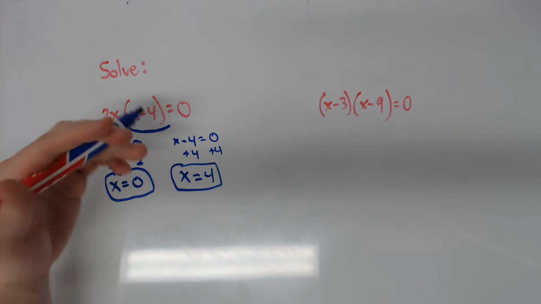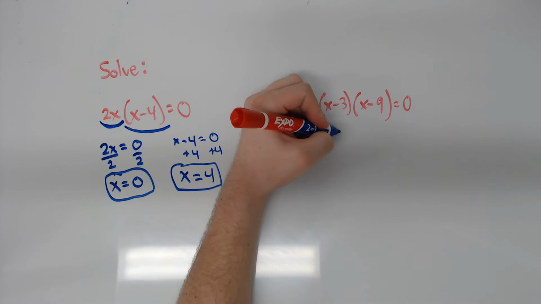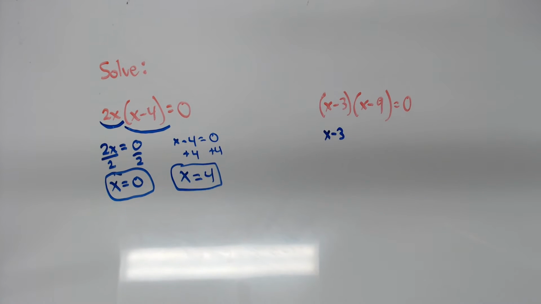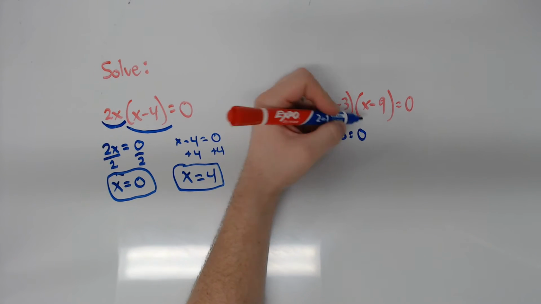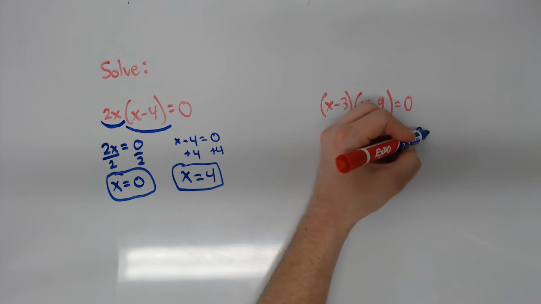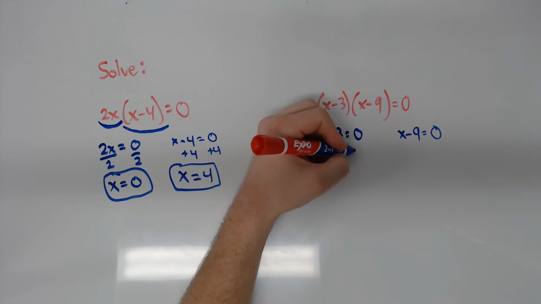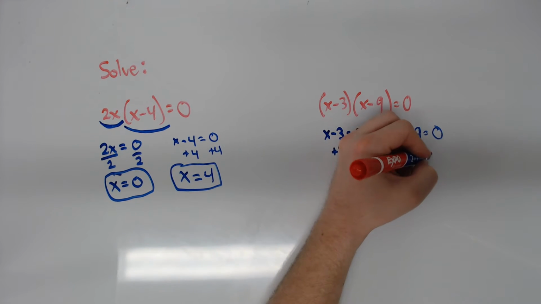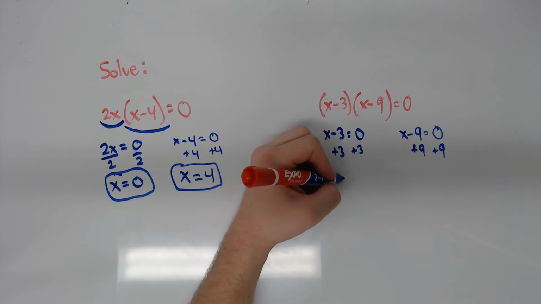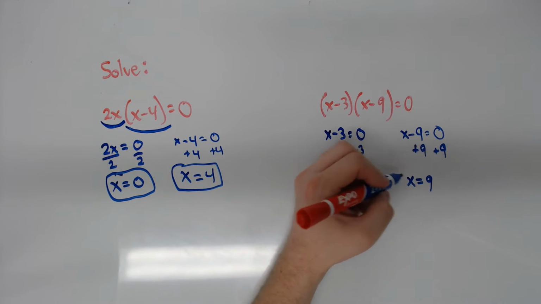So that's the role of the zero product property. Do the same thing over here. x minus 3 is a factor. If that equals 0, the whole thing will equal 0. x minus 9 is a factor. If that equals 0, the whole thing will equal 0. Some quick algebra steps and we'll get our two answers. So 3 is a solution and 9 is a solution.